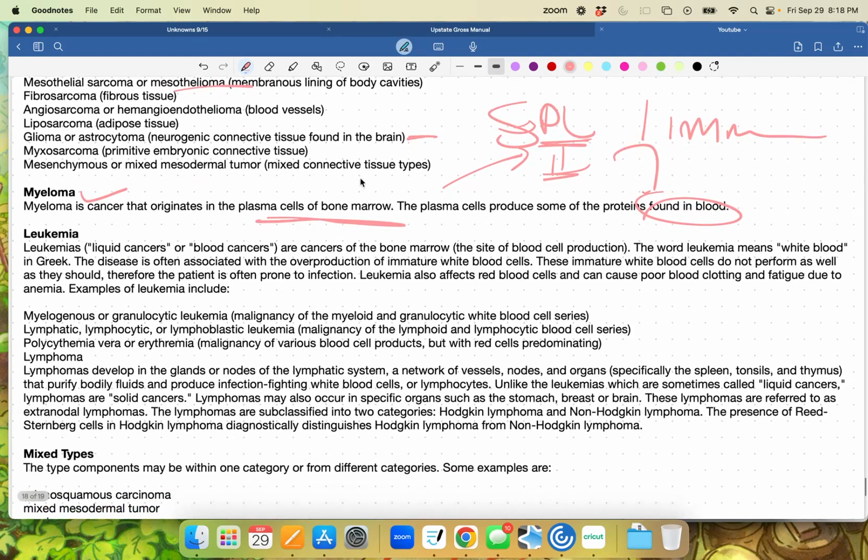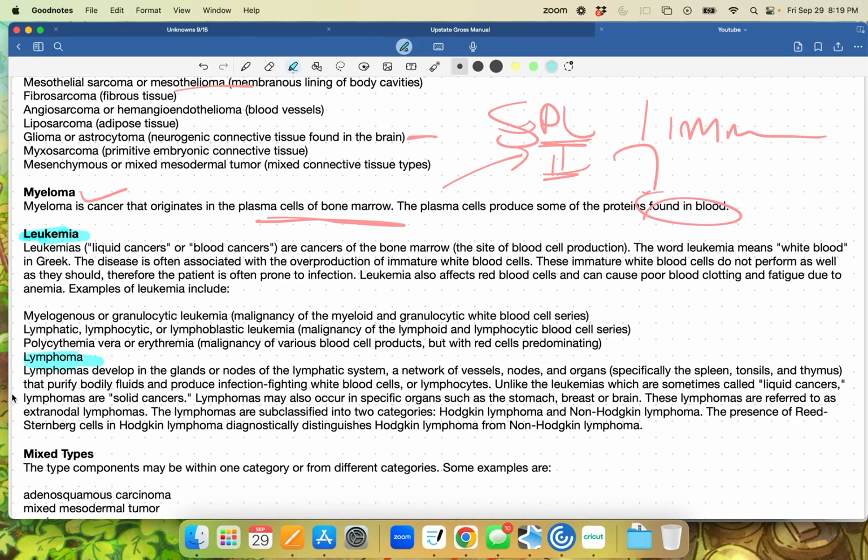And then the next one that we have is leukemias, as well as lymphomas. Especially when you're doing a hematology rotation, leukemias and lymphomas sometimes feel like they're confused with each other.